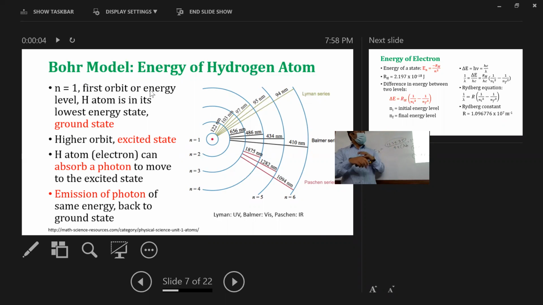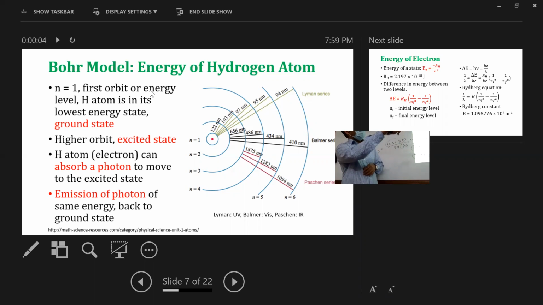If you have more than that energy, maybe 5 electron volt, which can be the difference between this one and this one, then in that case it will not come to this one, it will directly come to the first shell. So depending on how much energy we apply to the atom, that determines where it will go.